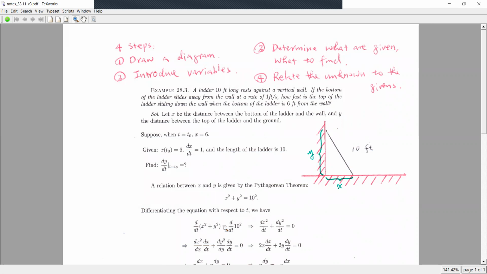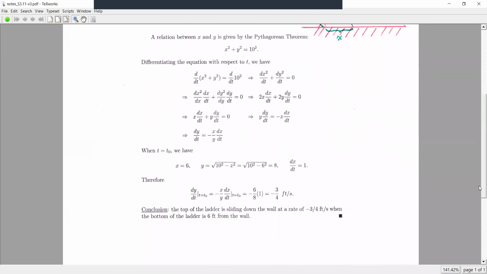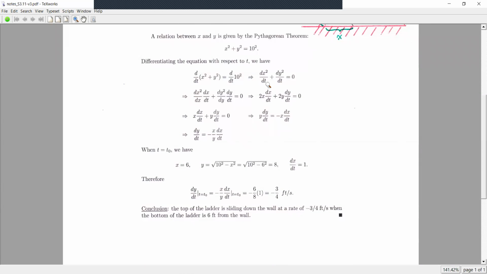The derivative of a constant is 0. Apply the summation rule to the derivative on the left, then I have this equation. Now, apply the chain rule to each of these two derivatives.